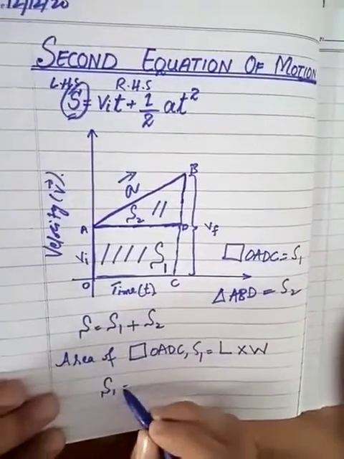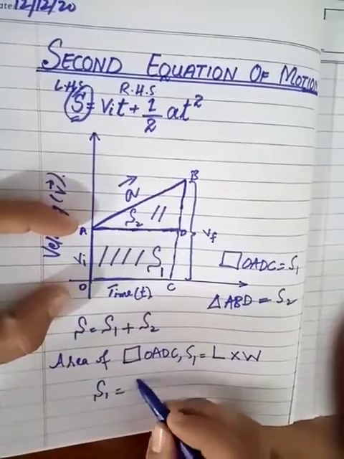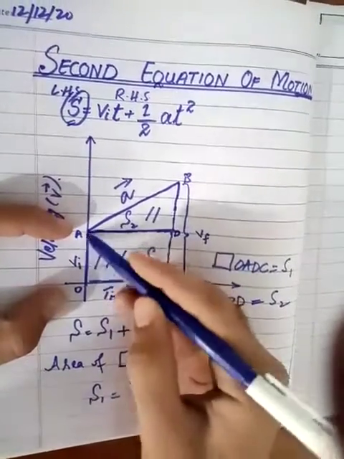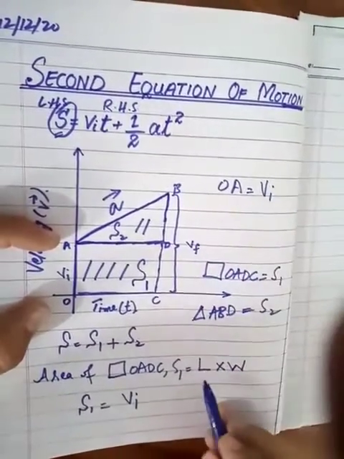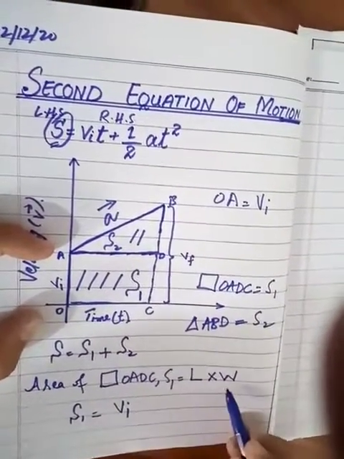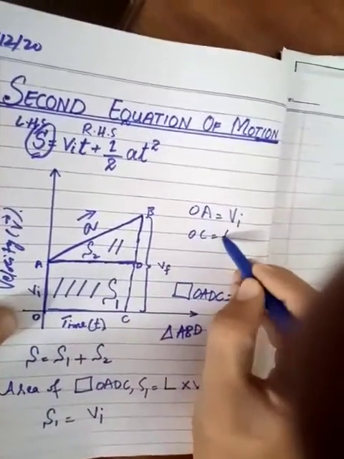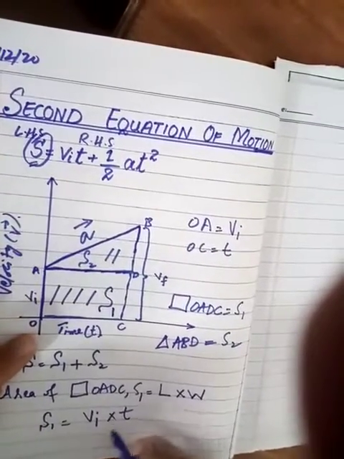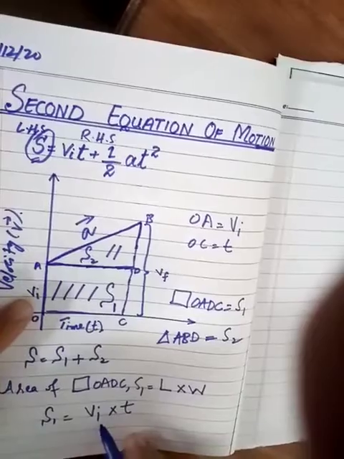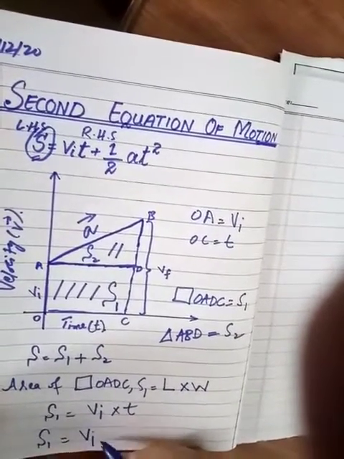So S1 will be equal to, here length is OA, which is equal to VI, the initial velocity. So length OA is VI, and width OC represents time. So instead of width it will be time, and instead of length it will be initial velocity. So S1 will be VIT.